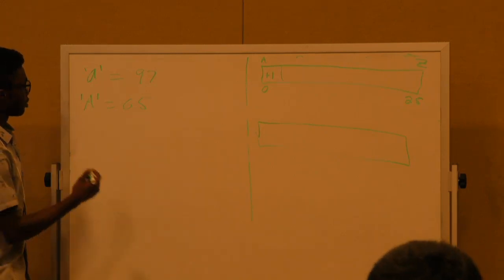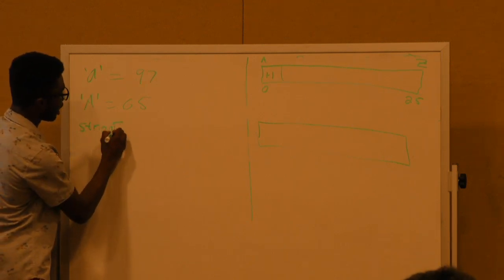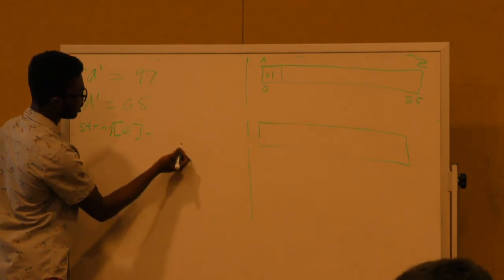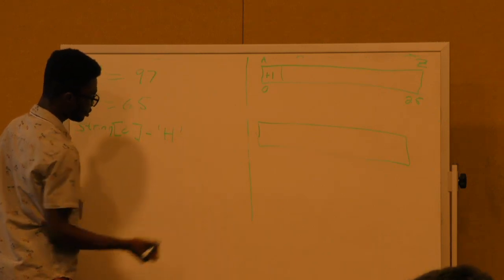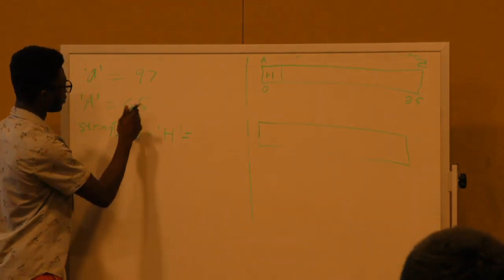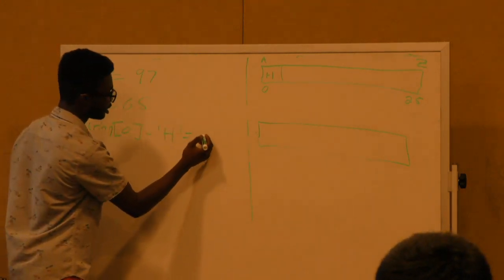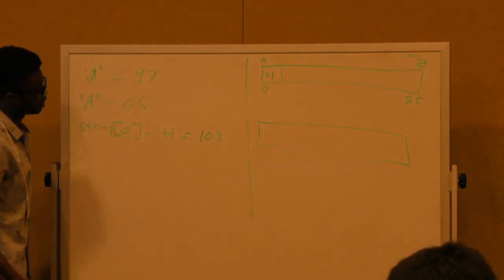This is useful because let's say my string at element 0, for example, was an h. I believe h has a value of, let's see, 103, I believe.